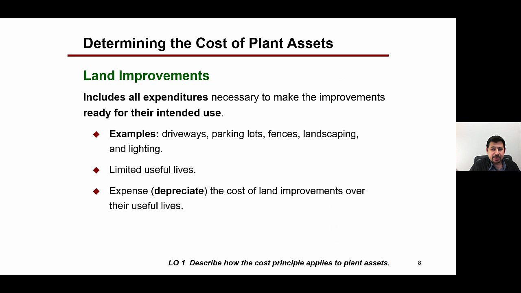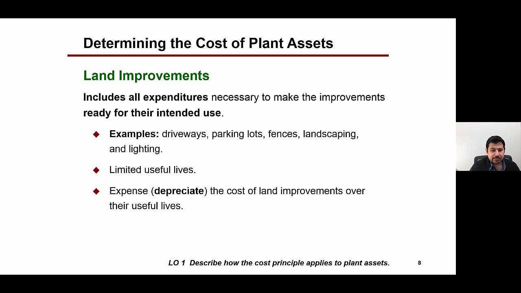Another kind of plant assets is land improvements. This will include, for example, not just cleaning up the land itself. Let's say that the company purchased a land in order to turn it into a parking lot.